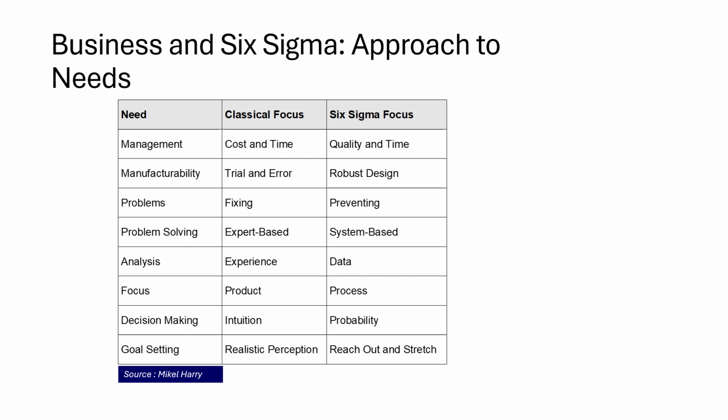Next, we have problem solving. The classical focus was on expert-based. We're going to bring all the smart folks that know everything about quality and rely on them to tell us what's the best way of doing things, what they think the quality issues are, etc. No. In the Six Sigma focus, it's system-based.